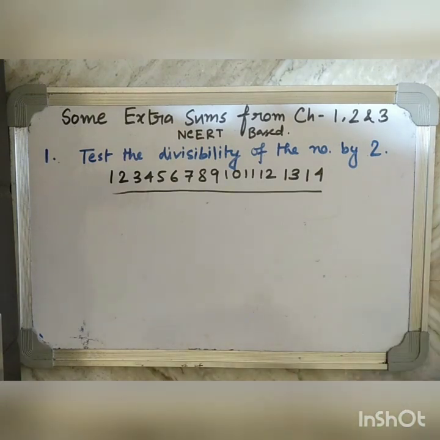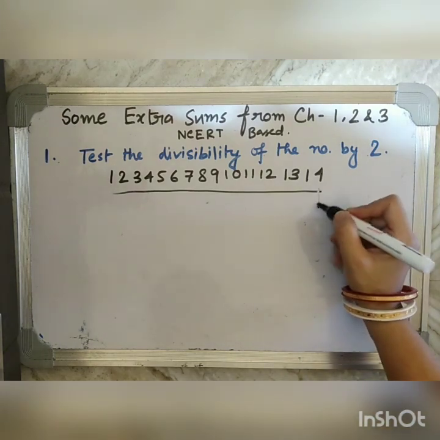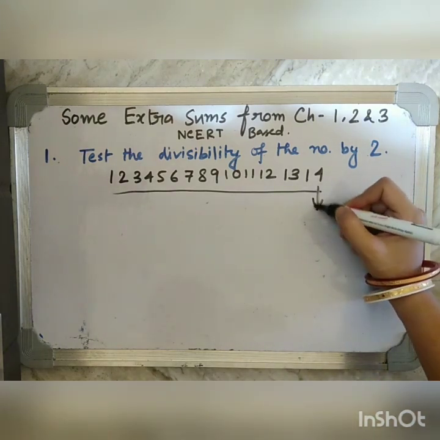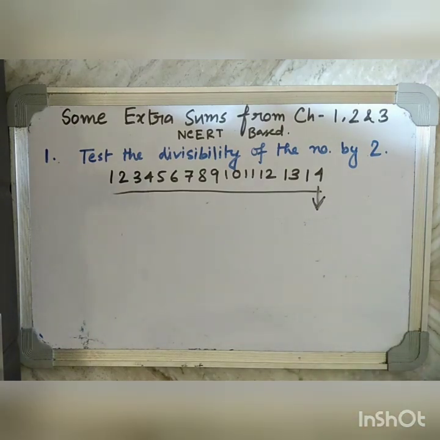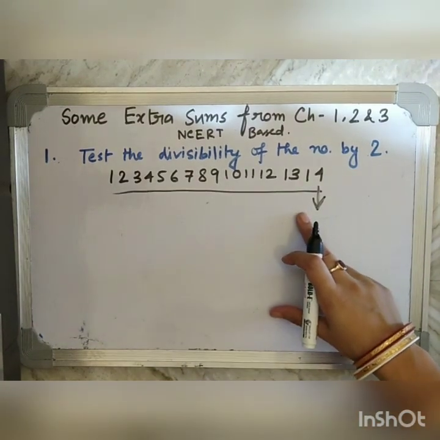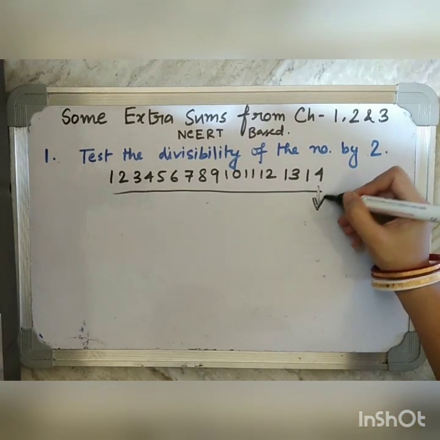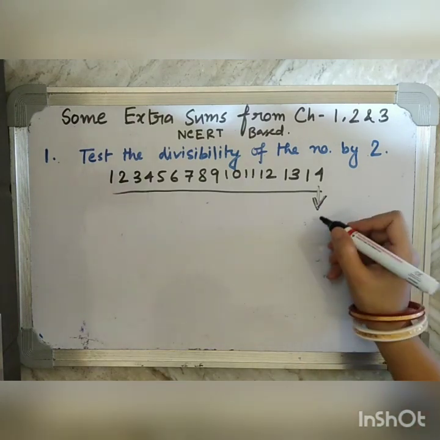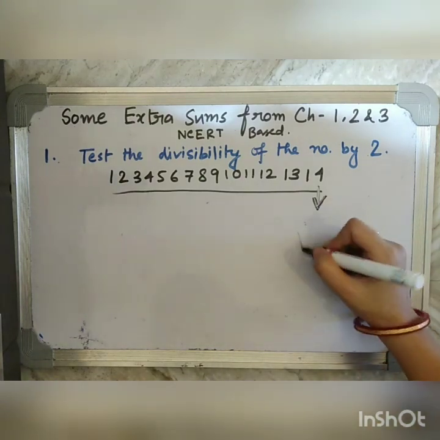Now, for checking the divisibility rule by 2, you have to check the digit which is placed at the ones place of the number. So here in this big number, the ones place is occupied by 4. 4 is an even number.